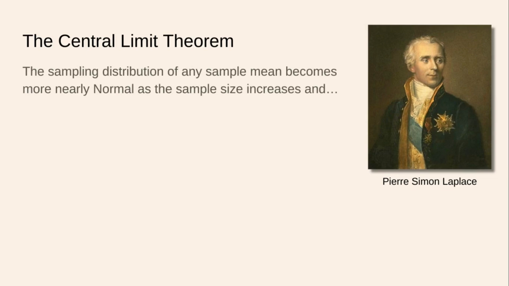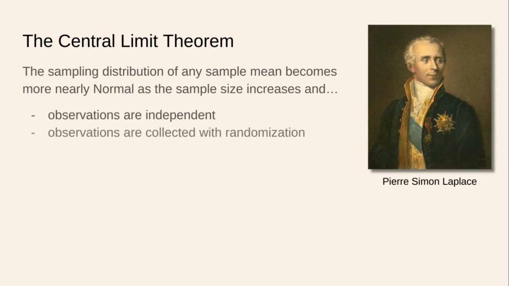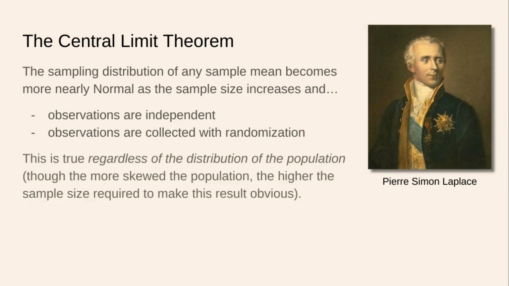The sampling distribution of any sample mean becomes more nearly normal as sample size increases and observations are independent and observations are collected with randomization. All right, so independence, randomization, those words you see all the time.